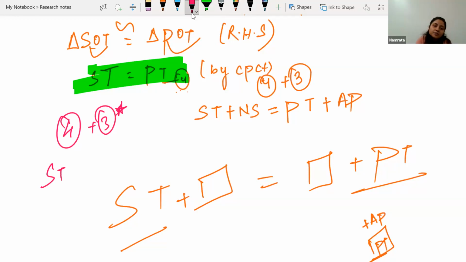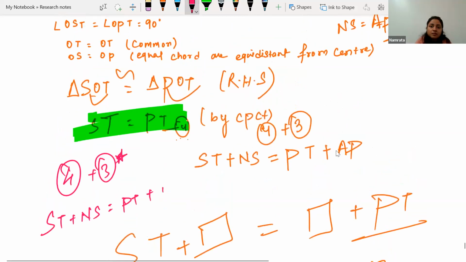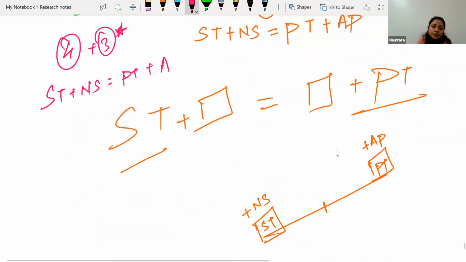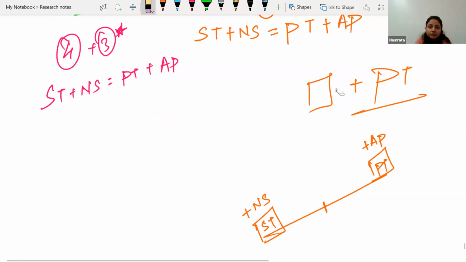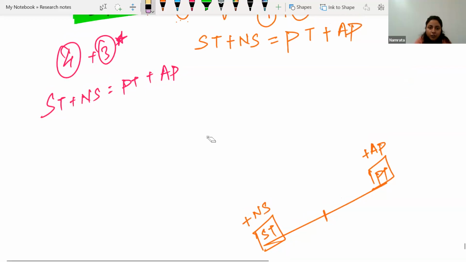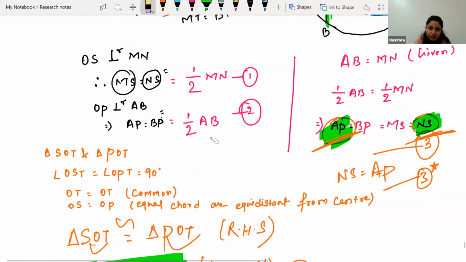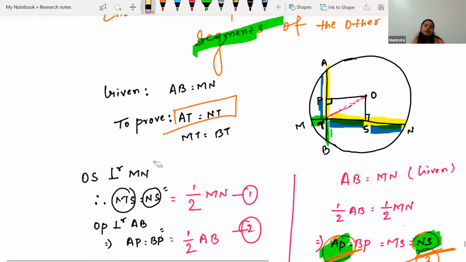So ST plus NS is equal to PT plus AP. Now let's check what is ST plus NS. ST plus NS is NT.